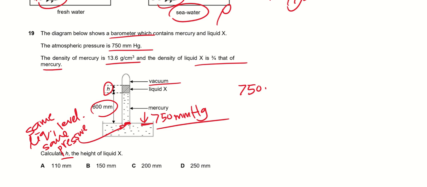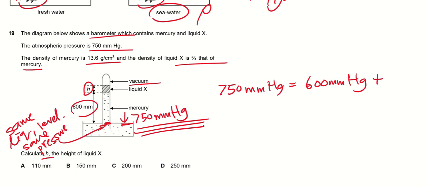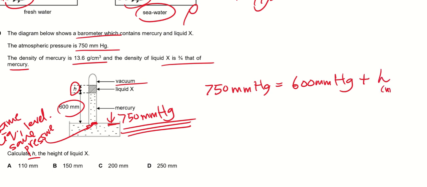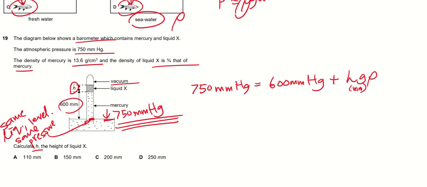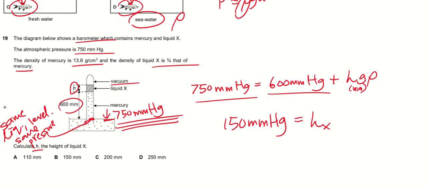So I will form an equation. 750 mmHg for the outside is equal to 600 mmHg, plus H, supposedly in mm, and I'm supposed to have g and the density of liquid X. To make it simpler, I have 150 mmHg equals to H of liquid X, g, and density of X. Maybe the way I write this is a bit confusing.